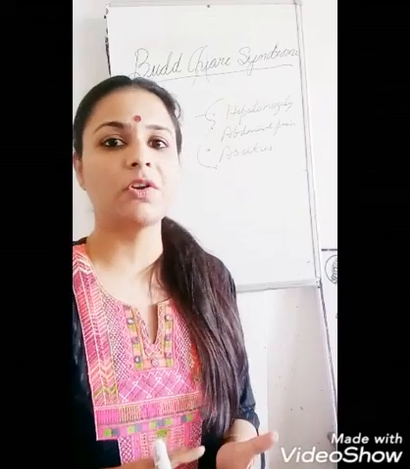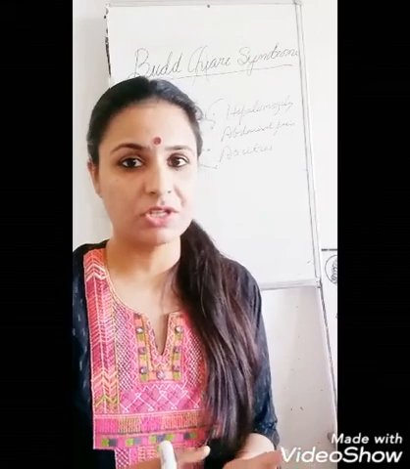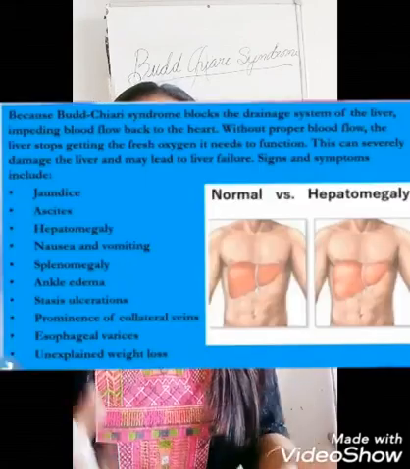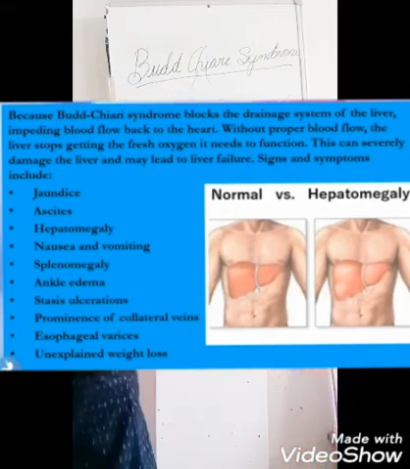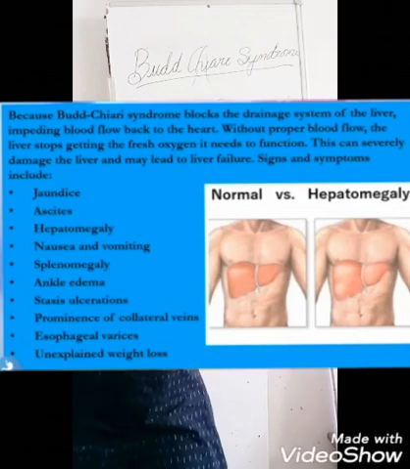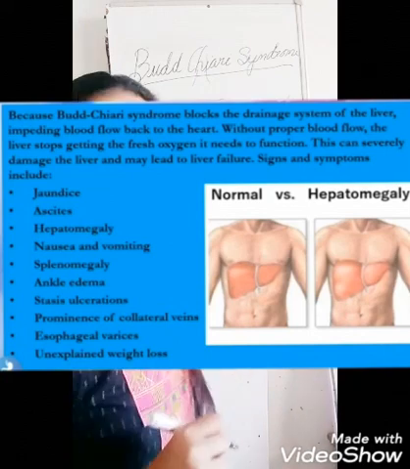Now Budd-Chiari syndrome can be acute or chronic. In acute, there is hypotension, nausea, vomiting, distension of the abdomen, ascites, and hepatomegaly. In chronic, the features are similar to those of cirrhosis of the liver.